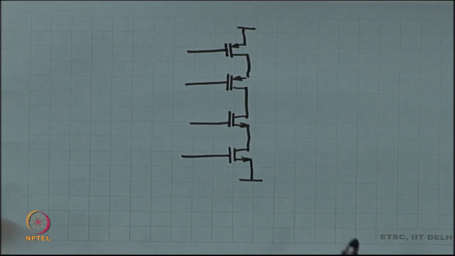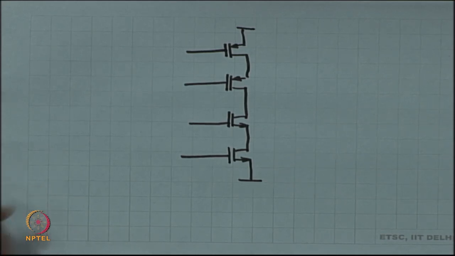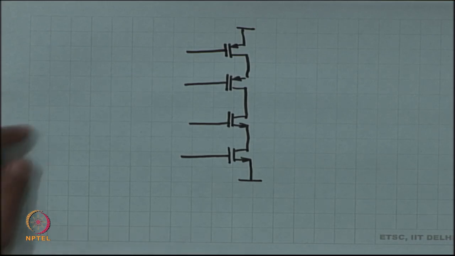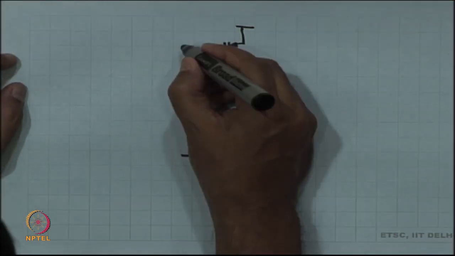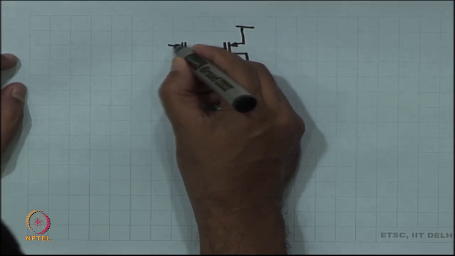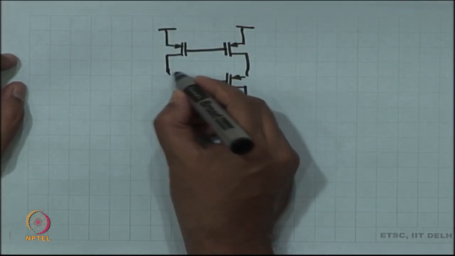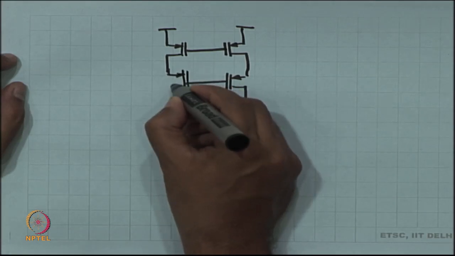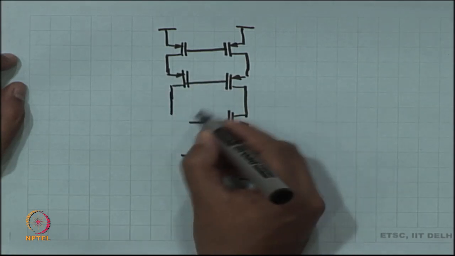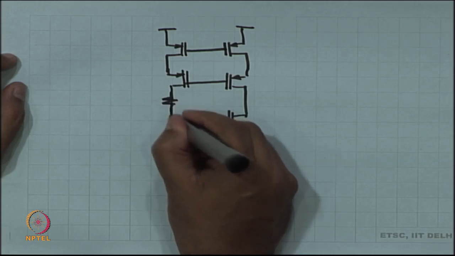Instead, how about I try to bias with a current mirror? Is it possible? And the answer happens to be yes, it is possible. Okay. All you have to now do is work out something like this. So, this would be a Wilson current mirror. You could use Wilson, you could use anything else also.